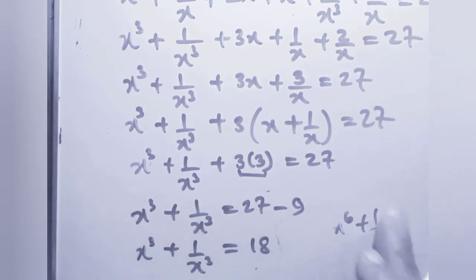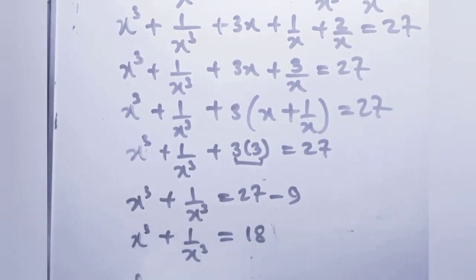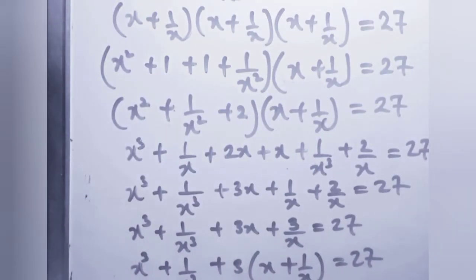The best way is to square both sides again, and by the time we do that, we will be able to get x raised to power 6 plus 1 over x raised to power 6. So let's quickly square both sides.